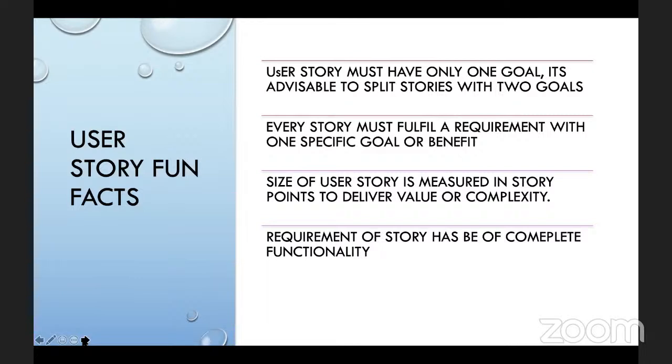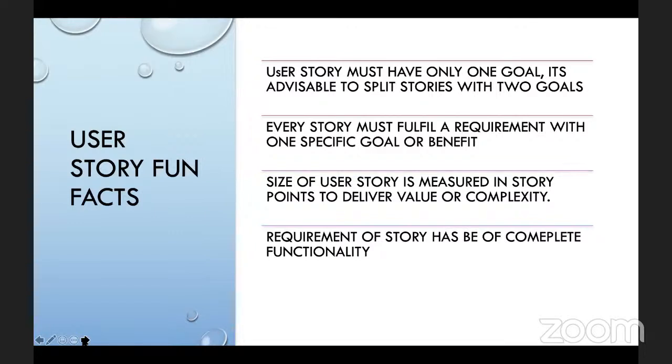So fun fact, every story must fulfill a requirement with one specific goal or benefit. So again, I'm getting you guys grounded. Every story must fulfill a requirement with one specific goal or benefit. So at the end of the day, the expected outcome, so that I can have this, right?